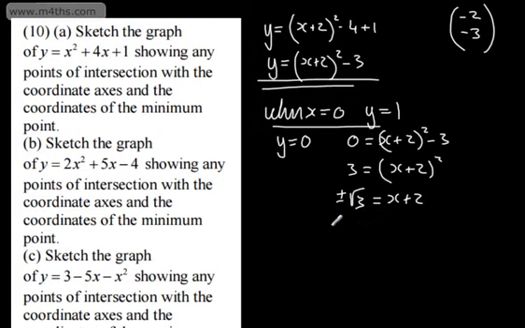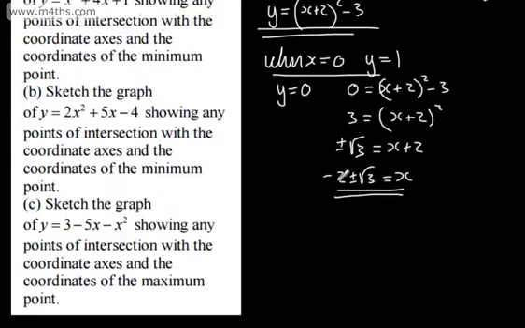Subtracting 2 from both sides, we've got -2 plus or minus the square root of 3 equals x. So we've now got where it crosses the x-axis, we've got where it crosses the y-axis, and we've got the minimum point. So that's the advantage of completing the square.